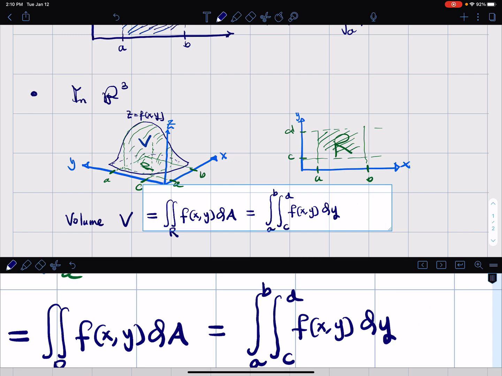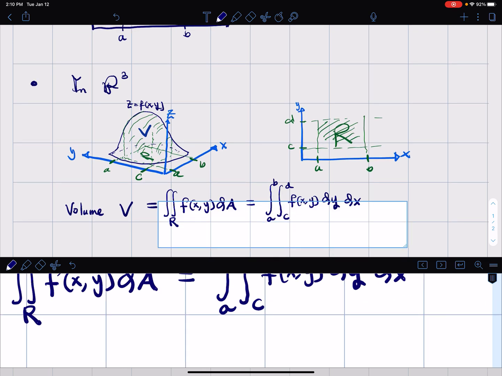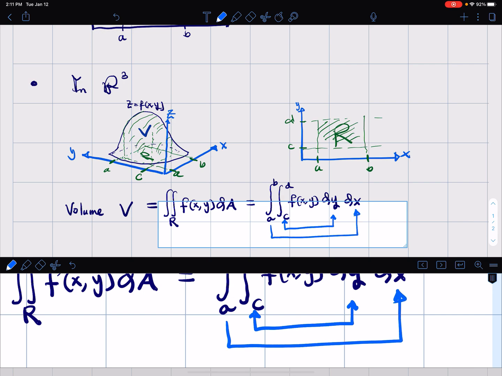So it's a double integral. You calculate the dy, and then you calculate dx. So this limit of integration goes with this dy, and then this limit of integration goes with dx. See that? All right, this is what we're going to focus on.